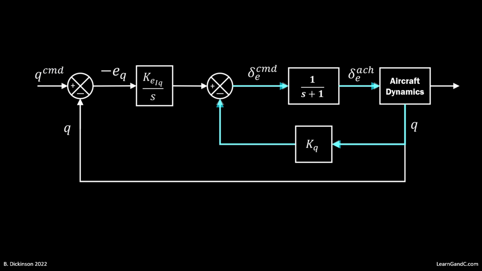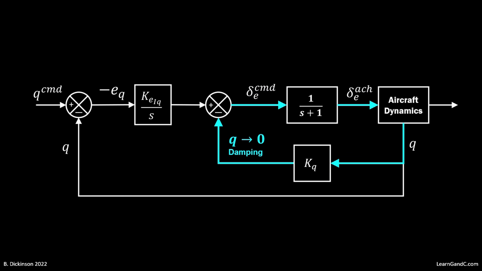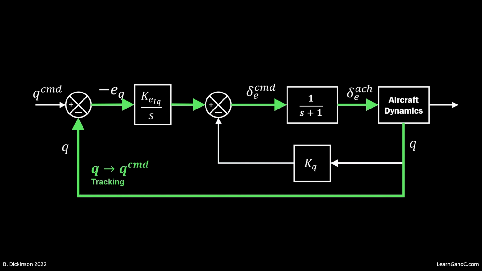Now there's two loops in the feedback control system. A proportional control loop that tends to drive the pitch rate to zero. That is, as KQ increases in magnitude, it tends to dampen oscillation in the pitch rate response. There's also an outer loop for tracking pitch rate commands.